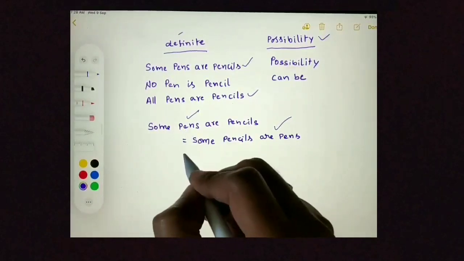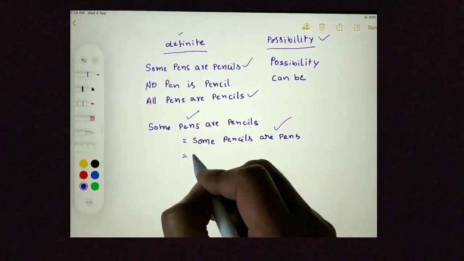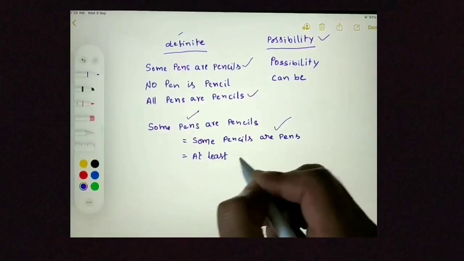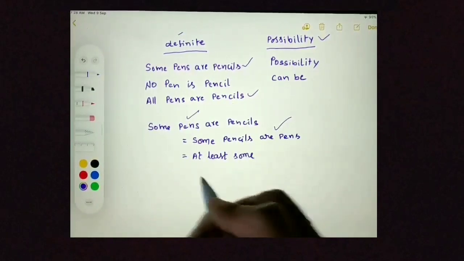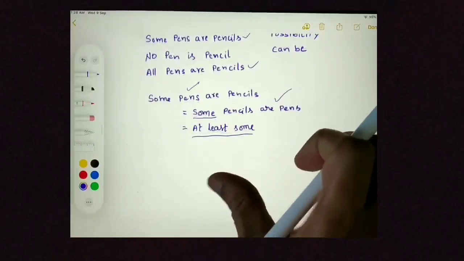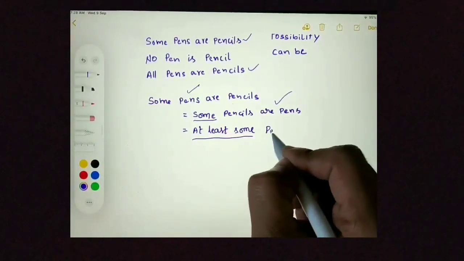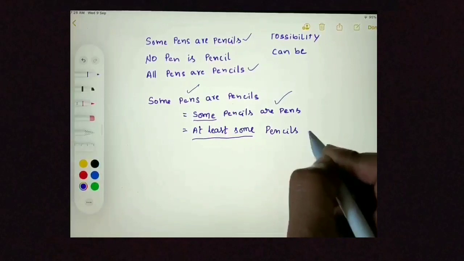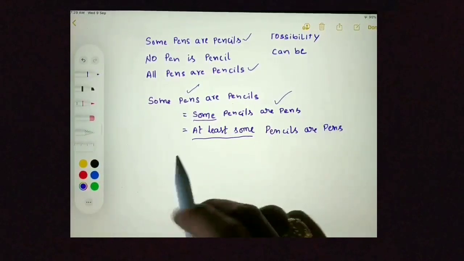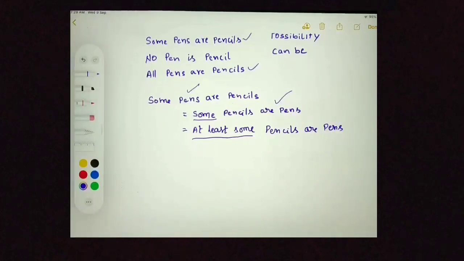Sometimes instead of some, it will be given as at least some. At least some is the same as some. At least some pencils are pens. We can say like this also.